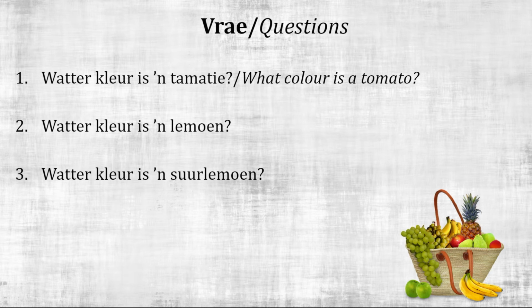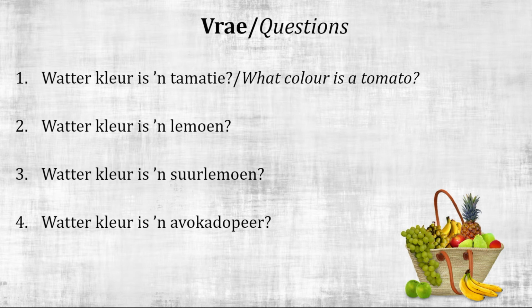Watter kleur is 'n suurlemoen? Watter kleur is 'n avocado peer? Watter kleur is 'n pisang? And now you can combine everything that you learned in this lesson as well as in the color lesson to answer these questions.